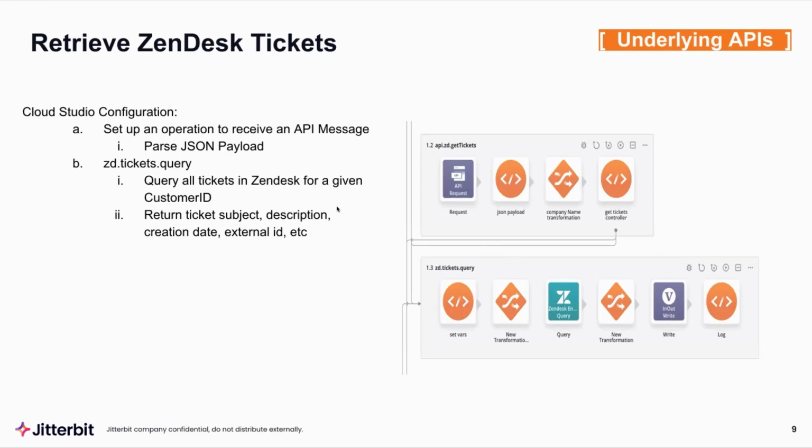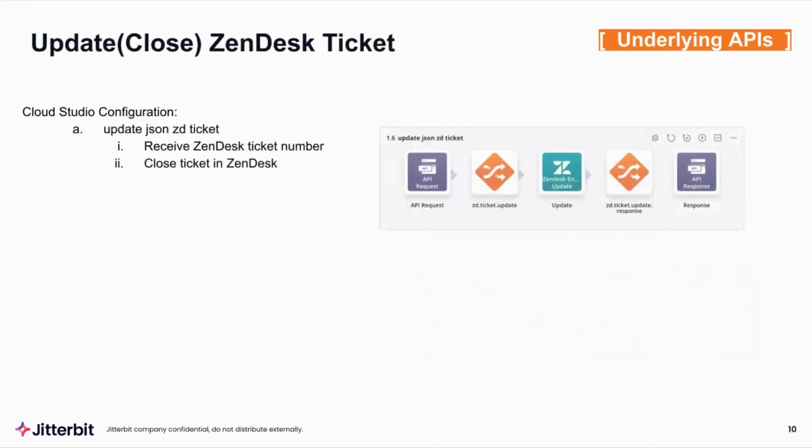And the final API that we are using is the one that allows you to update, and specifically in our case, to close a ticket in Zendesk. This is a very simple API, pretty straightforward. It's only one operation. We receive a request, and the request will contain a ticket number in Zendesk.